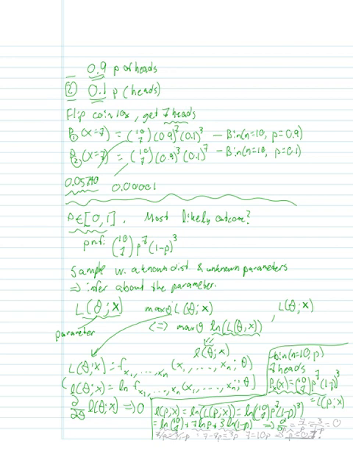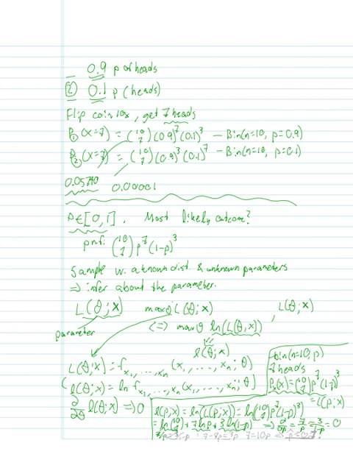Because we're looking to find the maximum, we're going to take the derivative. This 10 choose 7 term has no p's in it, so the derivative is 0. This 7 ln of p term, the derivative is 7 over p. This 3 times ln of 1 minus p, the derivative is negative 3 over 1 minus p.